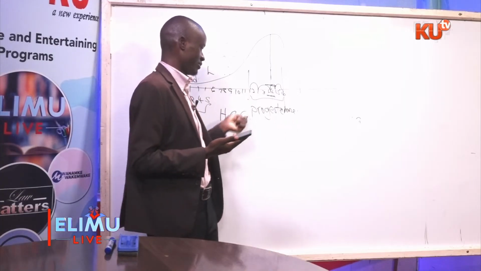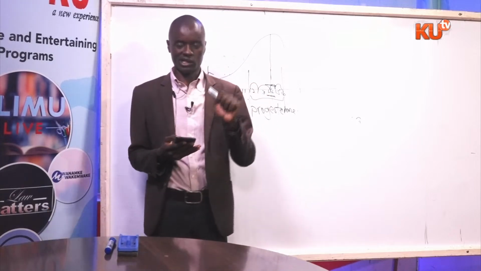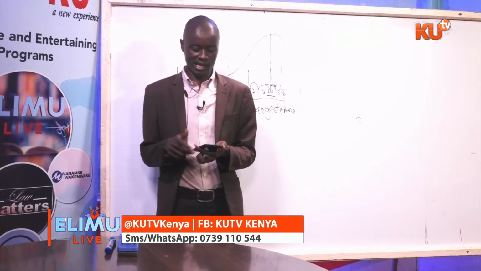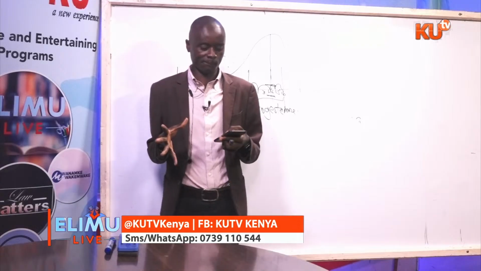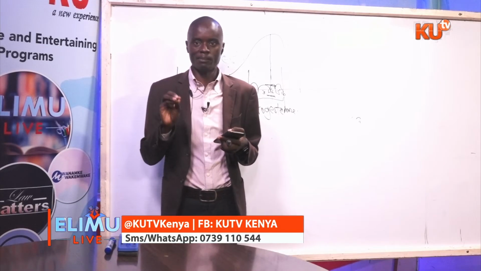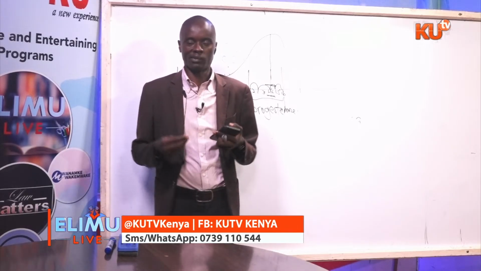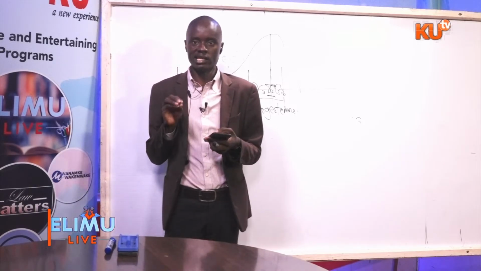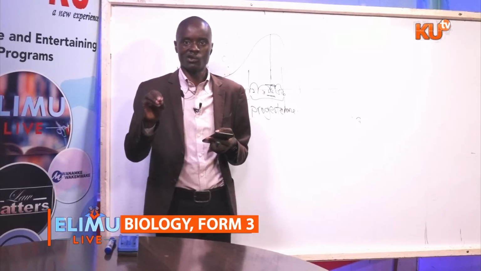And when pregnancy occurs, the level of progesterone will rise to maintain the pregnancy. How does it maintain the pregnancy? The increase in the level of progesterone increases the blood supply to the walls of the endometrium, the inner walls of the uterus, and it makes it easy for the implantation of the blastocyst to occur.